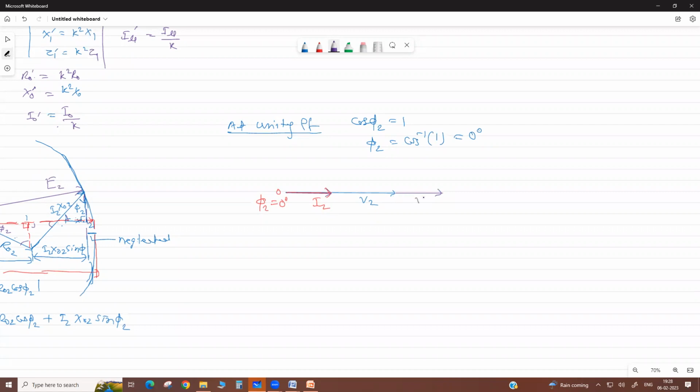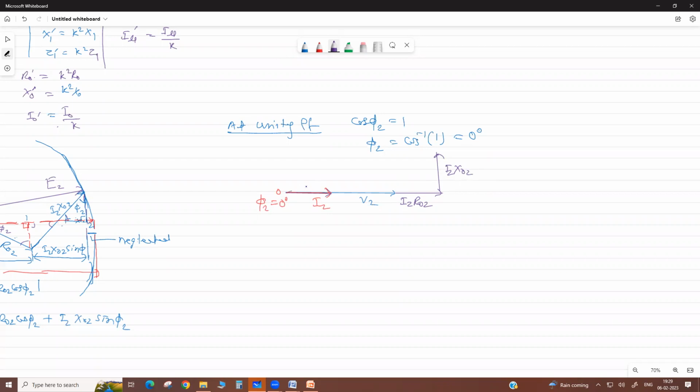This part is the drop in resistance, that we can write as I2R02. Now the drop in reactance is perpendicular to this drop, that is I2X02.